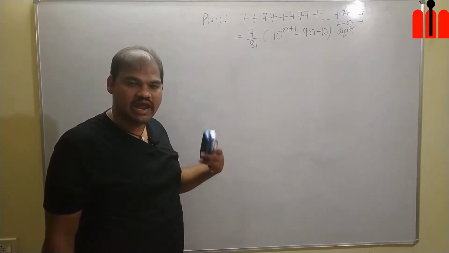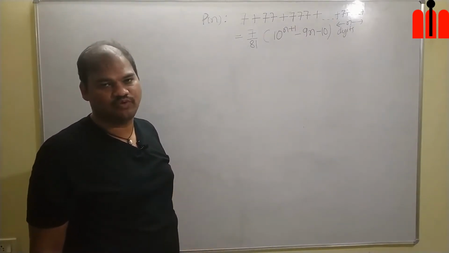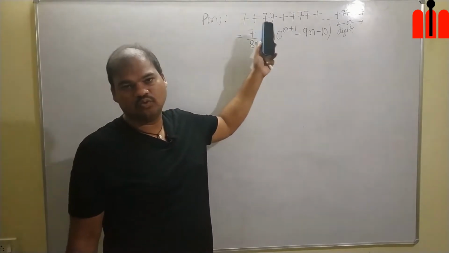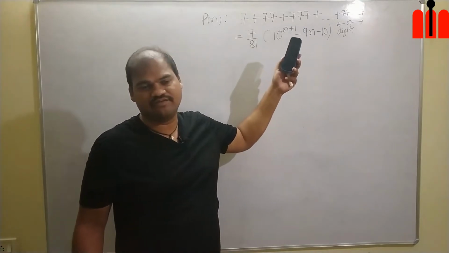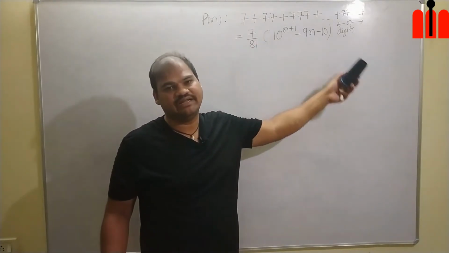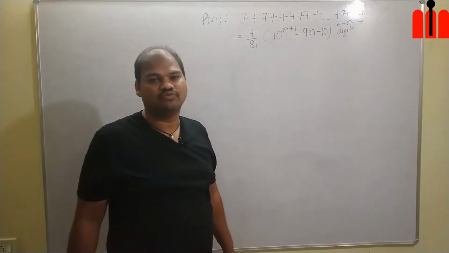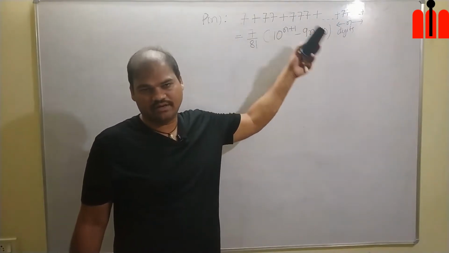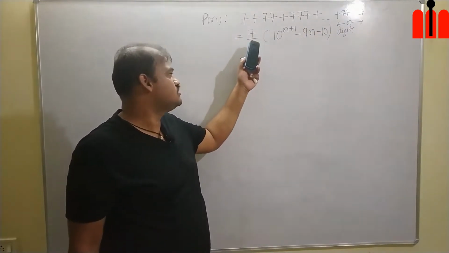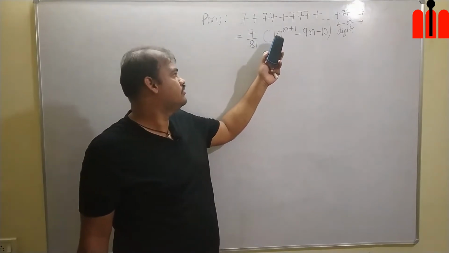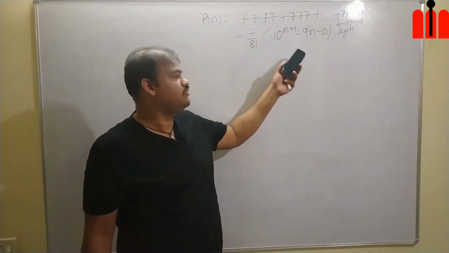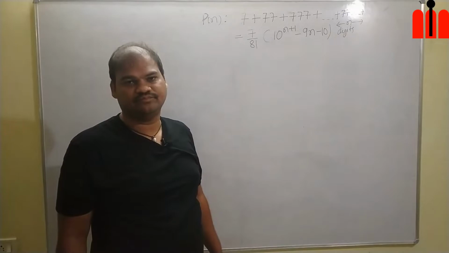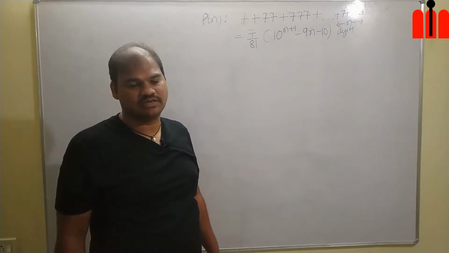So this is the n digits type of problem. Here the first term has 1 digit, then 2 digits, 3 digits in 777, like that up to n digits. So we have to prove that the sum of these n terms is equal to 7 by 81 into bracket 10 to the power of n plus 1 minus 9n minus 10. This is my sum.